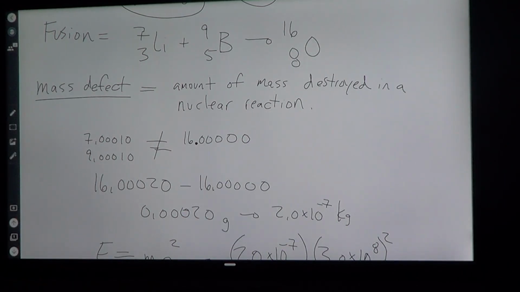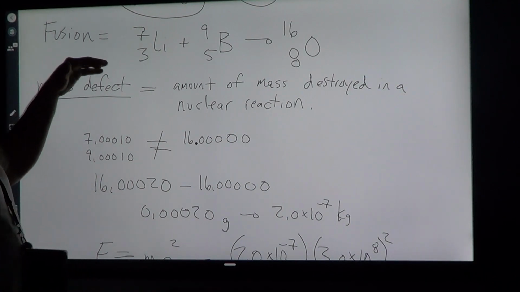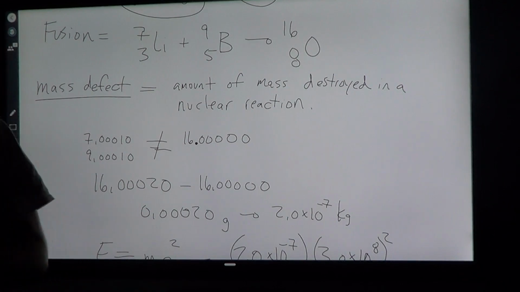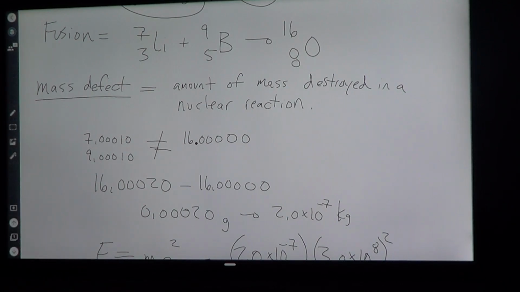If we can figure out how to do fusion, it would end all of our energy problems for the rest of time. But there's a big problem with trying to use fusion. And so the book explains what it is. I want you to read about it. So make sure you've got that last section squared away on how we use fission and how we control it, and then why we don't use fusion even though mathematically it would be better than fission.